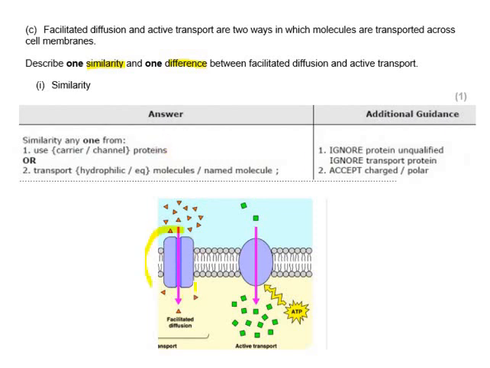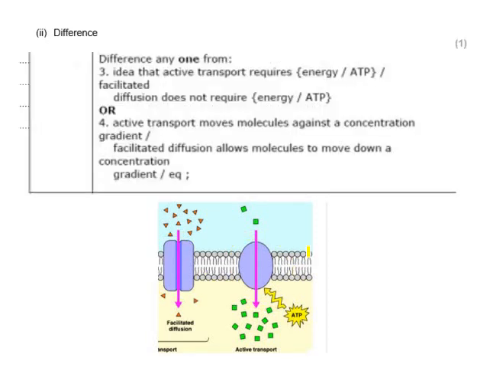You have to say carrier or channel because both of them use those. Or you could have said that it helps to transport polar or charged or hydrophilic molecules, so molecules that cannot go through diffusion alone.